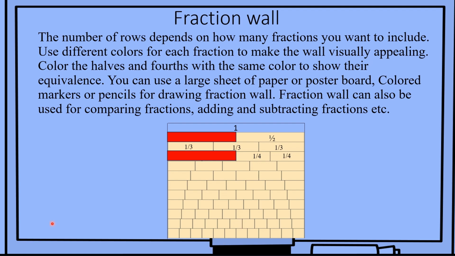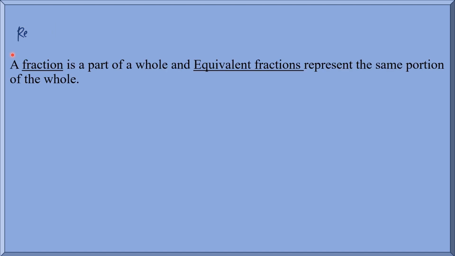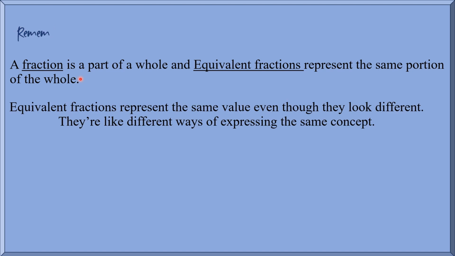I hope you have understood. Now let's conclude by writing the points to remember. A fraction is a part of a whole and equivalent fractions represent the same portion of the whole. Equivalent fractions represent the same value even though they look different.